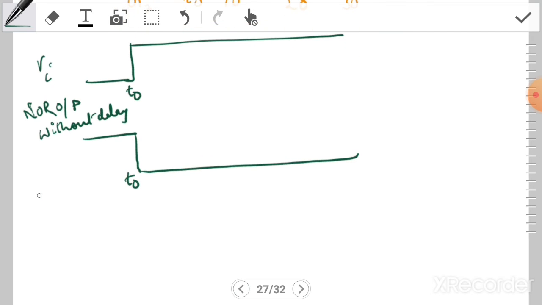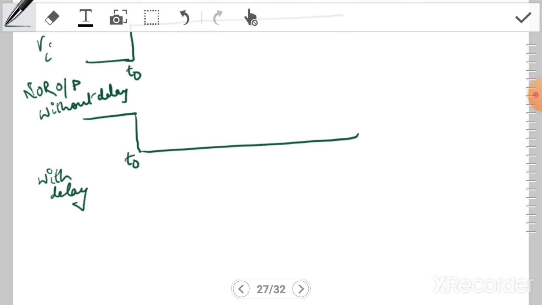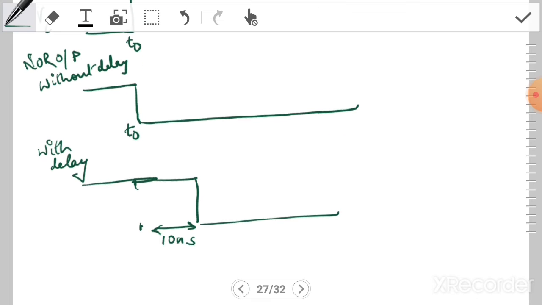But with delay, the output will be shifted 10 nanoseconds towards the right. So here, 10 nanoseconds with delay.